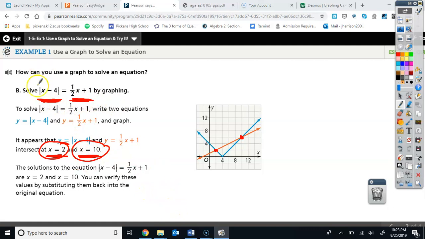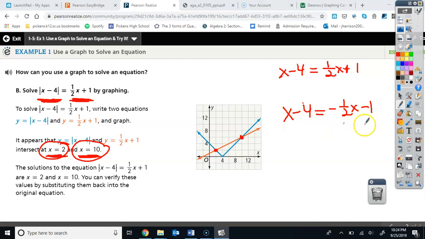Now, technically, we could go back to some skills we talked about with absolute values and say that we could set x minus 4, which is inside the absolute value, equal to the positive version of 1/2 x plus 1. And we could also say that x minus 4 could be equal to the negative version of 1/2 x plus 1, meaning I take the opposite of both of them.